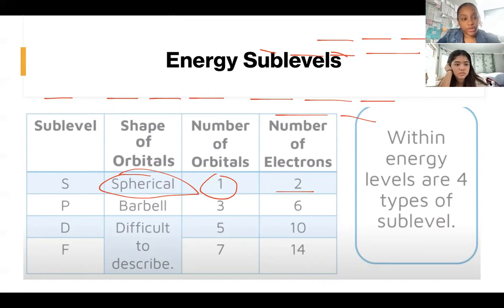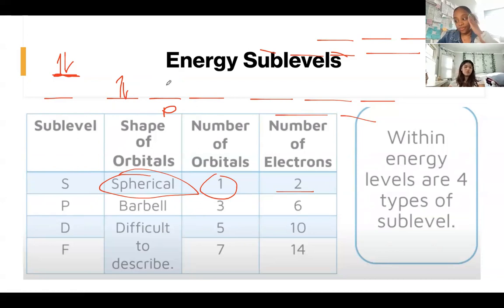So for example, the S level only has 1 specific orbital, and that specific orbital is going to hold 2 electrons. We're going to talk about the spins. And then the p orbital has 3, but each of these is going to hold 2 electrons. I got it.